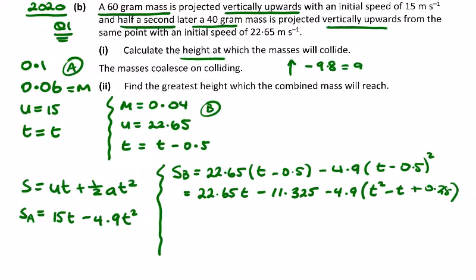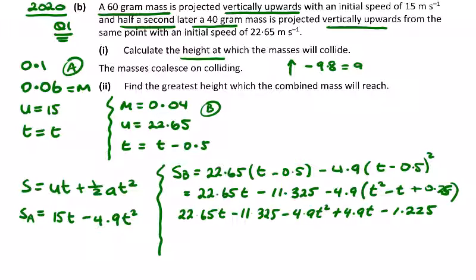So we've got 22.65t minus 11.325 minus 4.9t squared plus 4.9t, and a quarter of 4.9 will be minus 1.225.